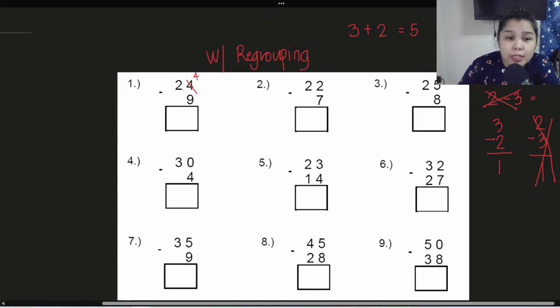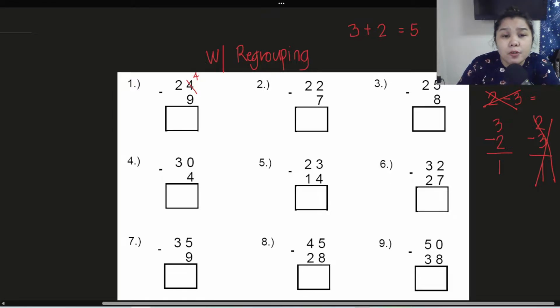Ang katabi ng 4 is 2. Siyempre, mahihiram ka sa pinakamalapit sa'yo. Sabi ng 4, 2, pahiramin mo naman ako para makayanan ko si 9. Sabi naman nito, sige, sure, but make sure na isa-isa lang. 10 lang ang pwede kong ipahiram sa'yo. Huwag mo akong ubusin.